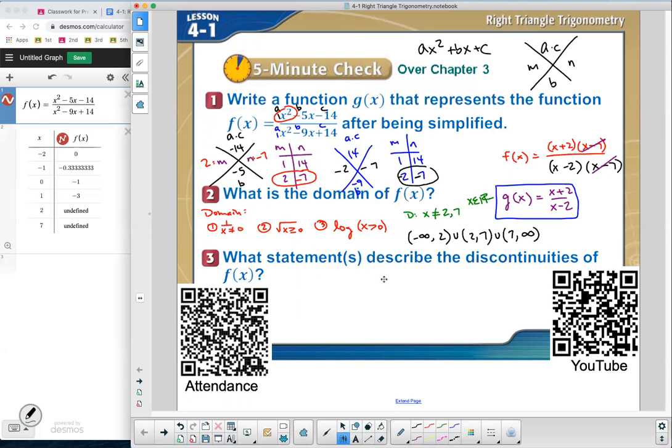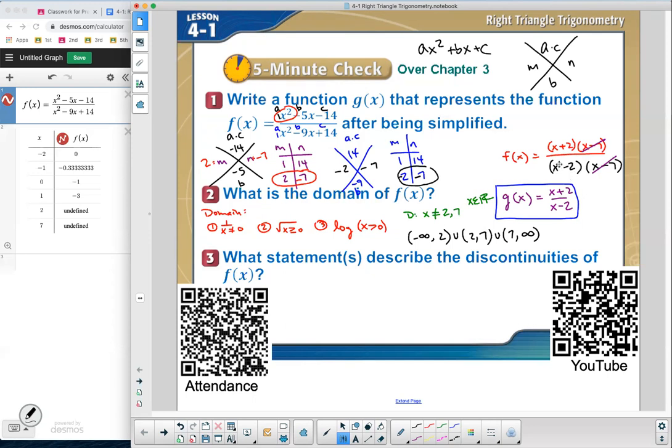All right, number 3. What statements describe the discontinuities? Okay, so for our breaks, if you cancel something out, there's another name for cancel out. It starts with the R, rhymes with removable. It's a removable. So we have a removable at 7. And what's a synonym for if something stays forever?